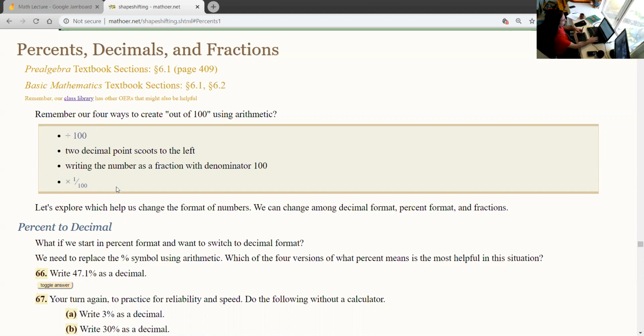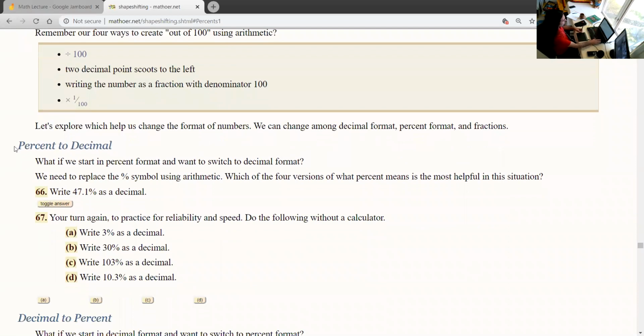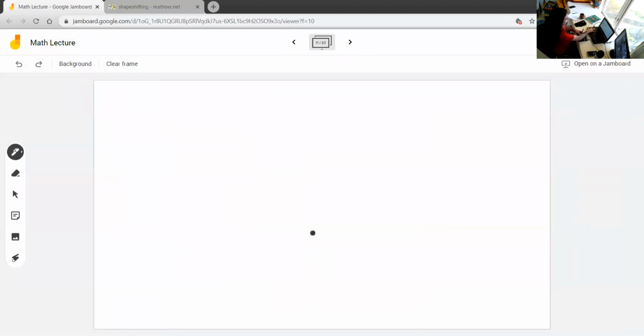So we have those 4 things. Let's see which we're going to do. We want to write 47.1% as a decimal.